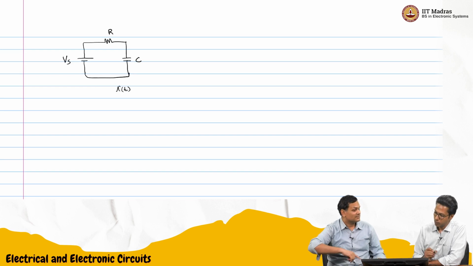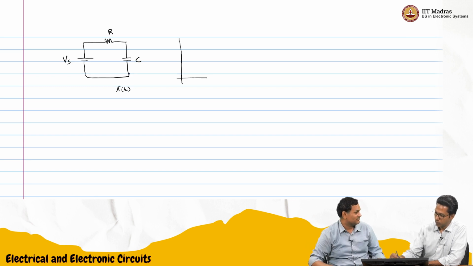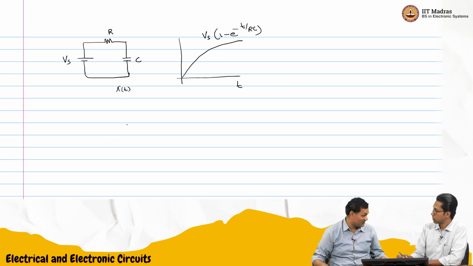We have seen this: the voltage across the capacitor will be Vs into 1 minus e power minus t by RC. If I wait for long enough, Vs comes across the capacitor. This we have learned in the previous course.